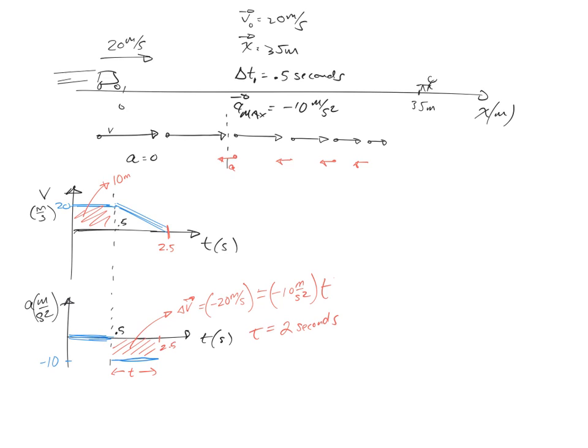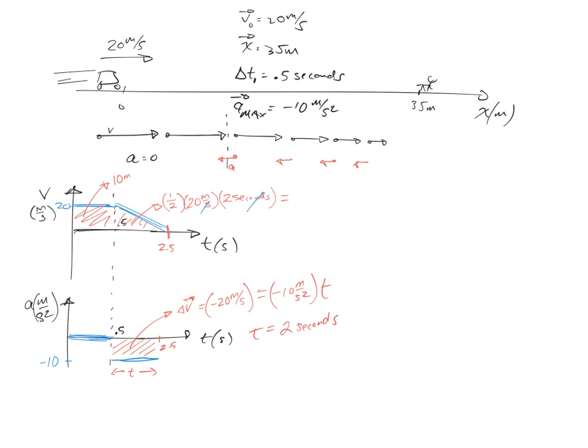And that'll allow me to find my displacement while I'm slowing down. Since that's a triangle, it's going to be 1/2 times 20 meters per second, the height of that triangular shape, times 2 seconds, the time by which I'm slowing down.